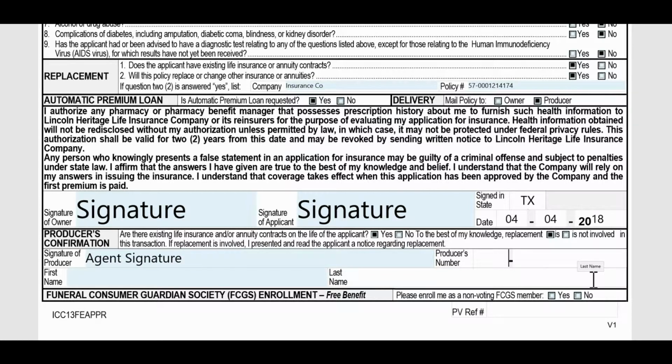Next, we must answer whether the person wants to enroll in the FCGS service, highlighting the fact that it is a free benefit. Finally, it is worth noting the fact that in the lower right part of the application, we find the space to put the reference number of the verification call.